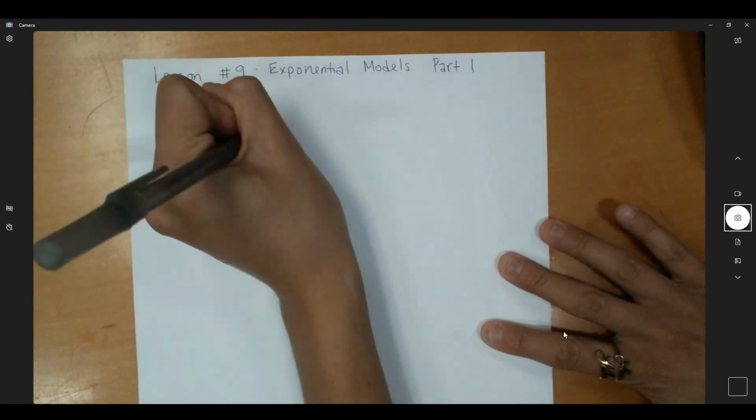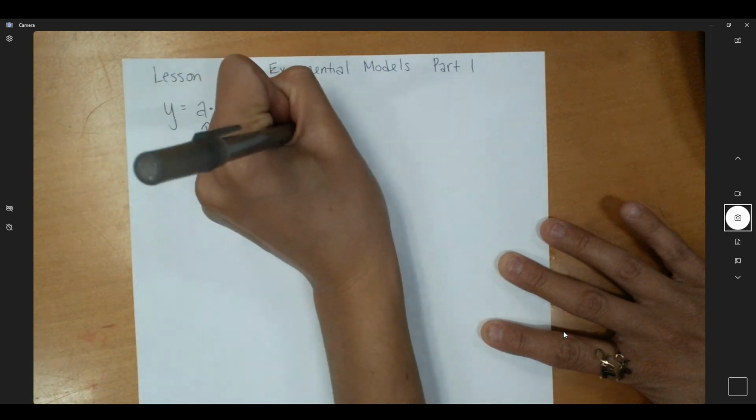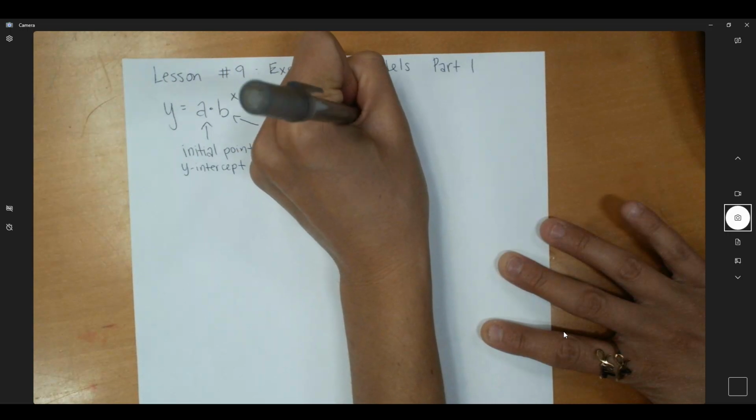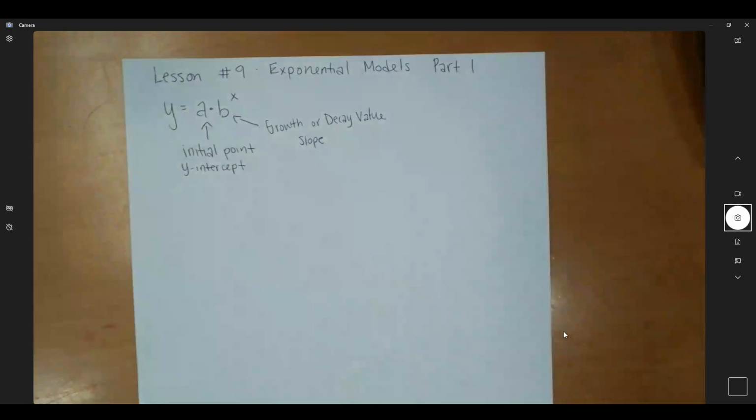And then the b value is your growth or decay value. And it's kind of like your slope because it tells you how fast you're going to go up or how fast you're going to go down.